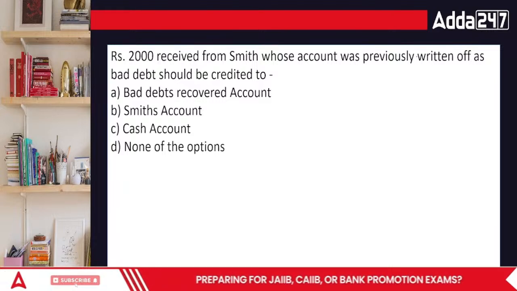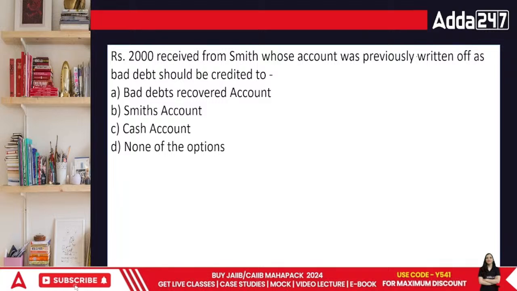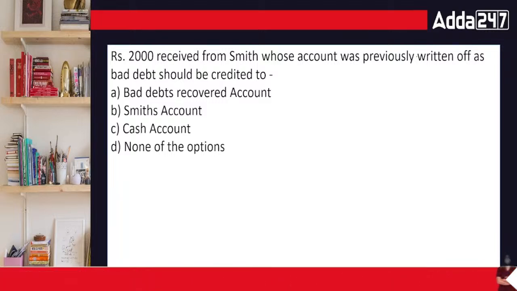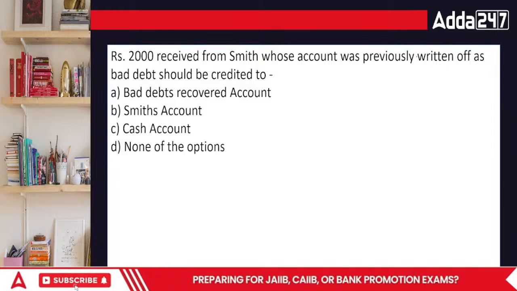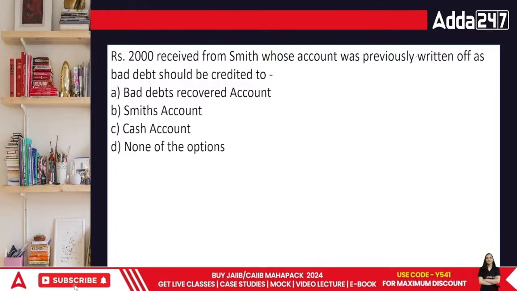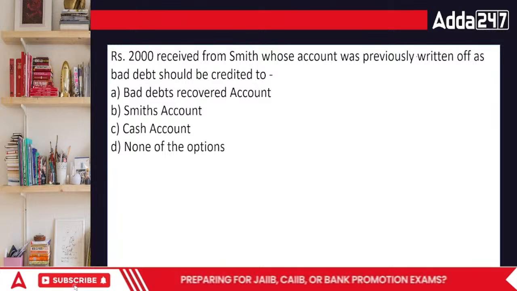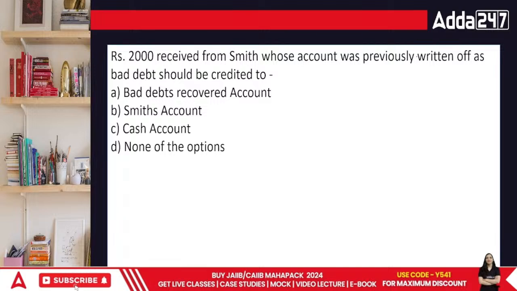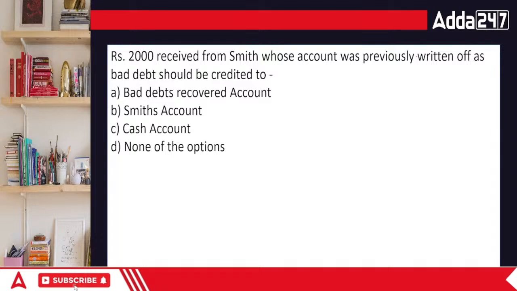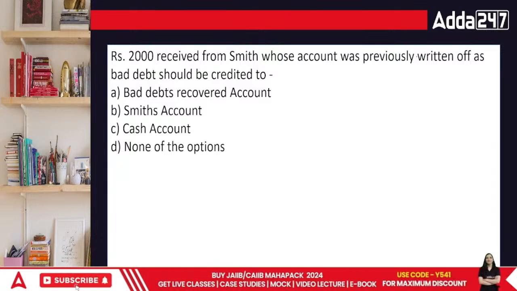This says 2000 received from Smith whose account was previously written off as bad debt. I thought he's a bad debt. I thought he won't give the money, but somehow he's actually giving the money.